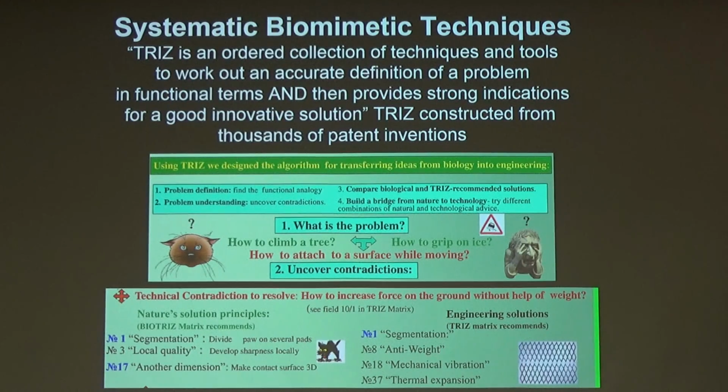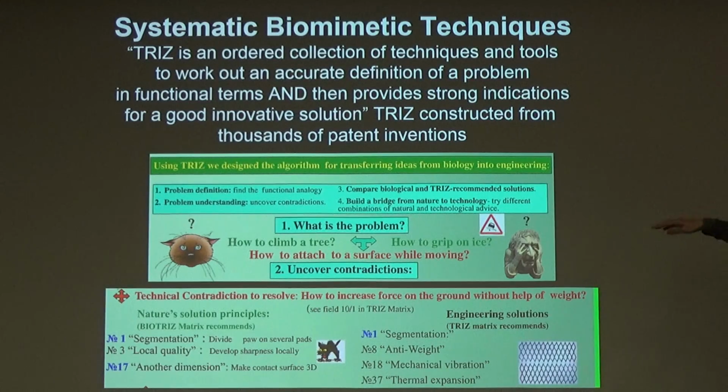So we're going to take solutions from nature to help us solve that problem of how to climb a tree. Or how to grip on ice. There's another, so there's two problems there. So we define that problem as how do we attach to a surface while moving. So in both cases, that's a way of understanding the problem.